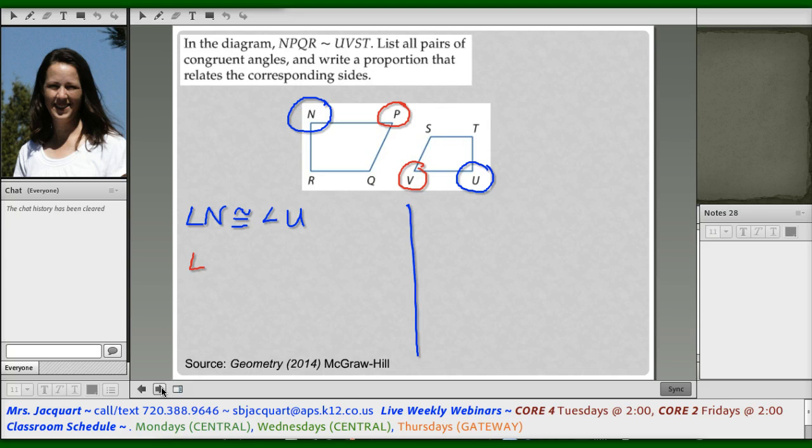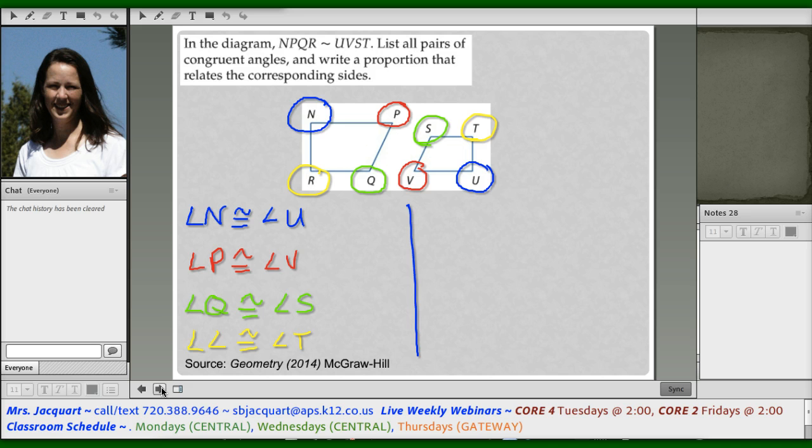So angle p is congruent to angle v. Let's go to the next one, q. Angle q is congruent to angle s. Let's go to the last angle, r. So angle r is congruent to angle t.